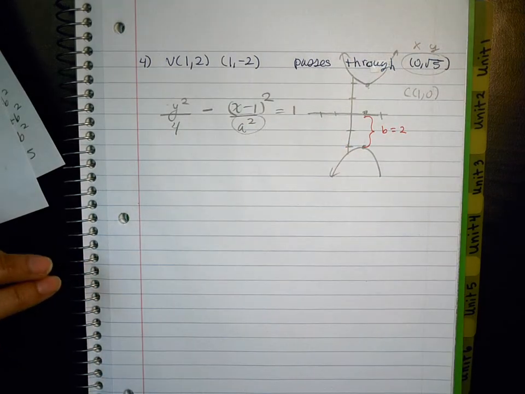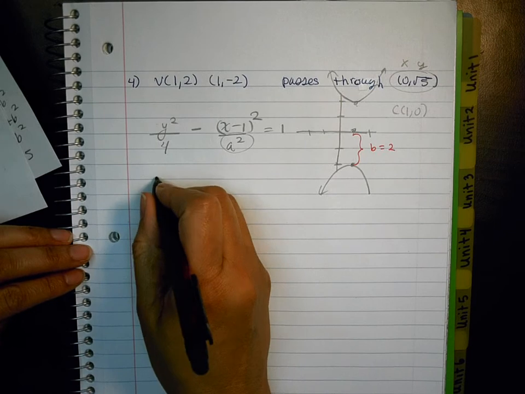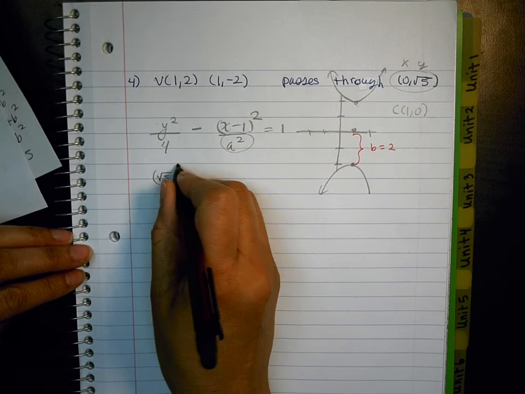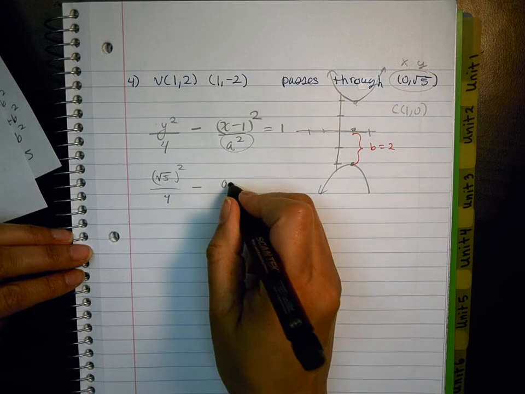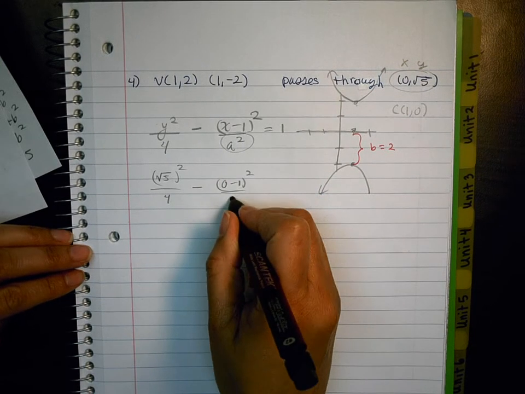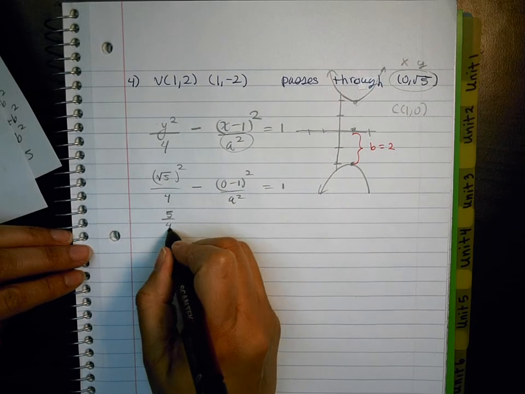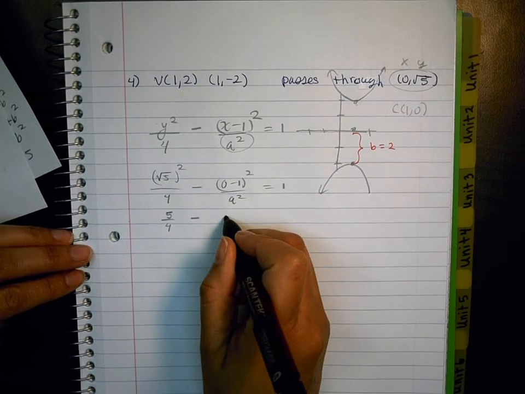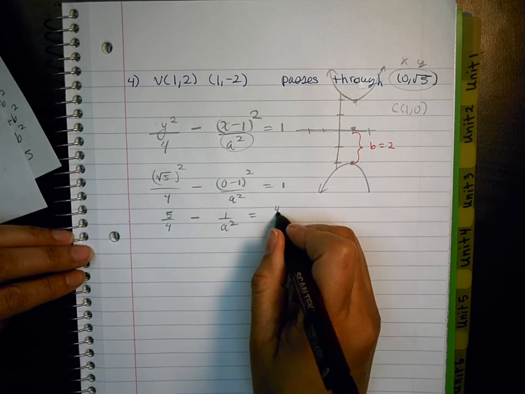So for y, I'm going to plug in root 5 over 4 minus, for x, I'm going to plug in 0, equals 1. Root 5 squared is 5 over 4. 0 minus 1 squared is 1 over a squared equals 4 over 4.